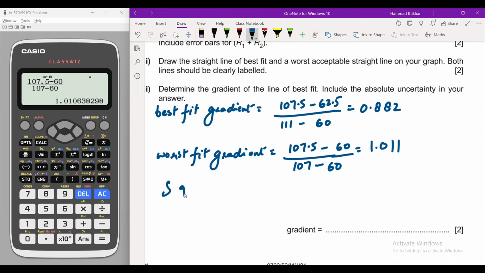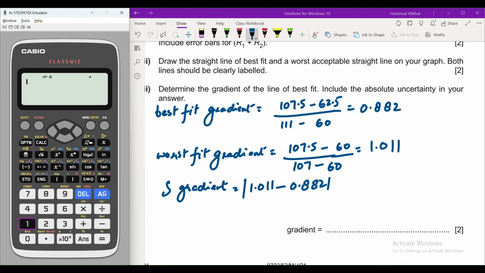Now the uncertainty in the gradient is going to be the absolute difference of these, 1.011 minus 0.882, which is 0.129, so approximately 0.1. So 0.1 is our absolute uncertainty, and to one decimal place we will choose our gradient as 0.9.